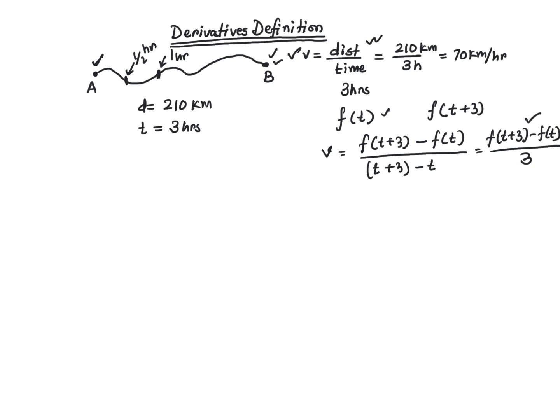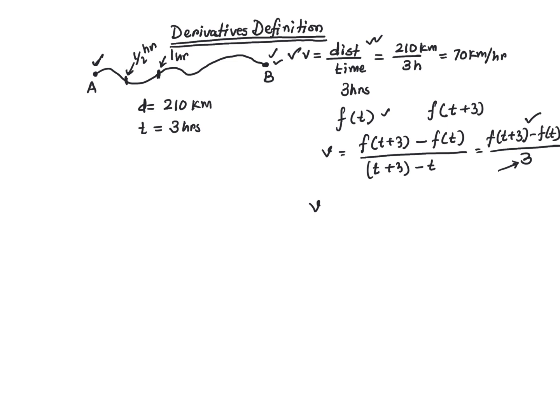However, our goal is not to find average velocity over a long window of time, like 3 hours. We want to find instantaneous changes. That means, as the window shrinks to an arbitrarily small amount, what is the instantaneous velocity? We could find that this way: we let this h approach 0, not go to 0, approach 0.